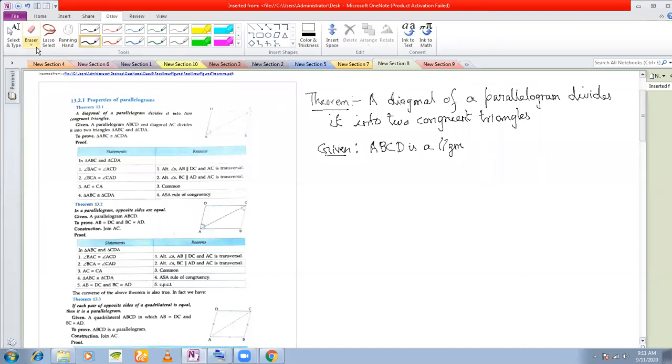Okay, and then next thing is we draw the figure. Draw a parallelogram, and draw the diagonal. You have ABCD as your parallelogram, and one diagonal you already draw. You either draw AC or you can draw BD also, no problem.